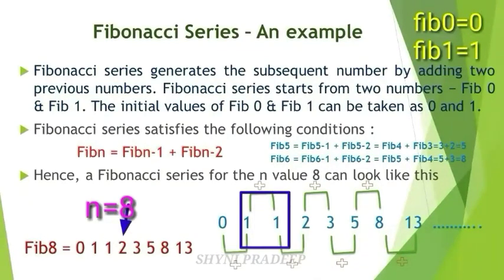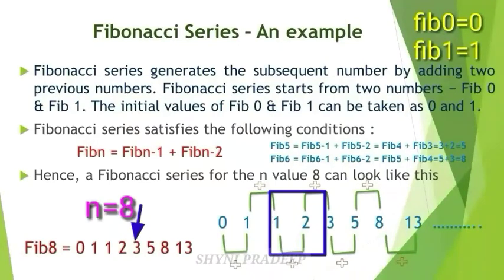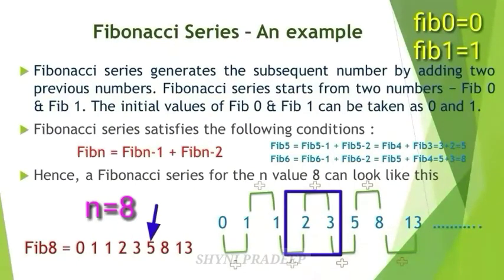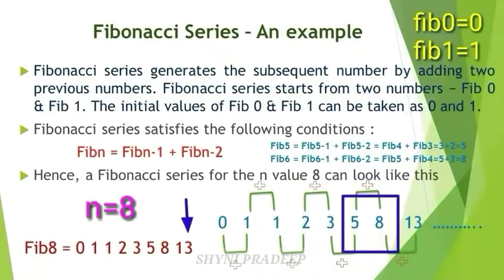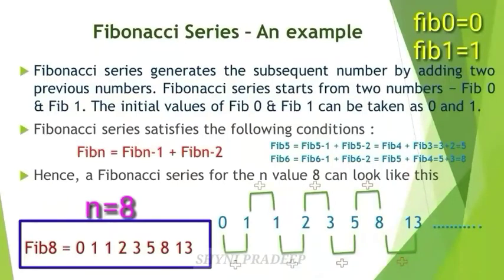Next add these two values, 1 plus 1, 2. Next add 1 plus 2, 3. Next add these two values, 5. Next add these, 8. Next add these two values, 13. See here, n is equal to 8. So if you want to calculate the Fibonacci series for 8 digits, you can write like this.